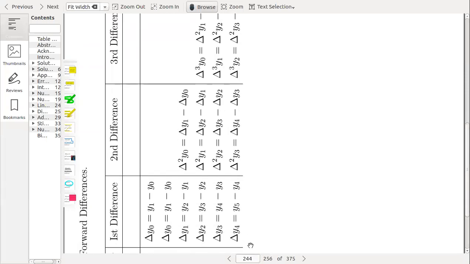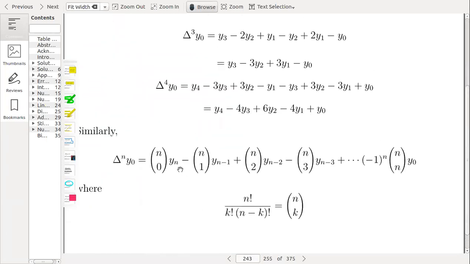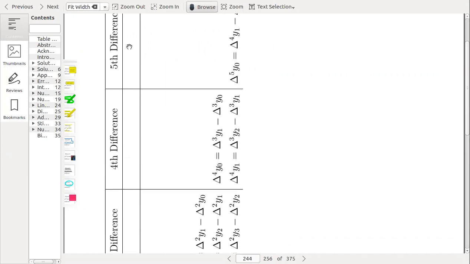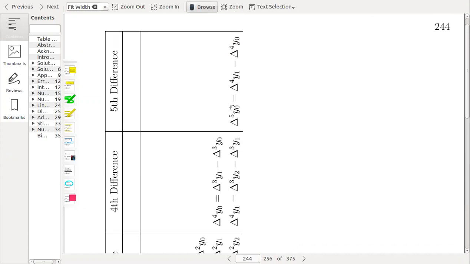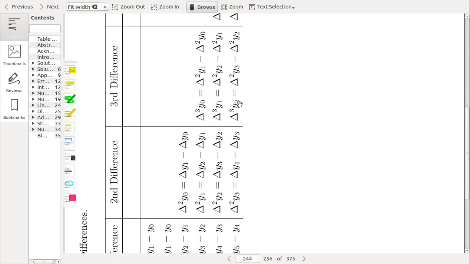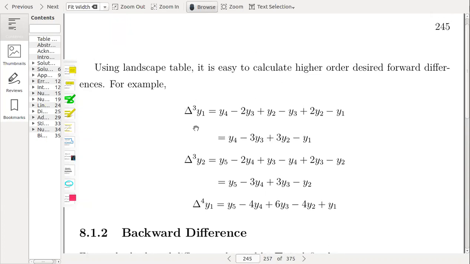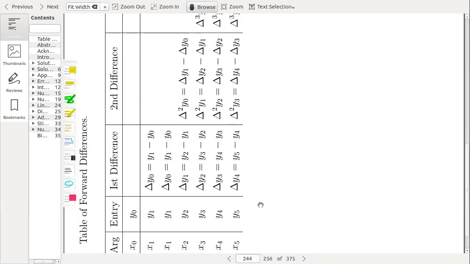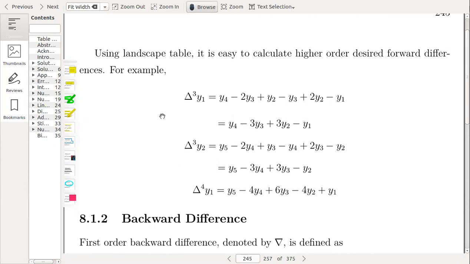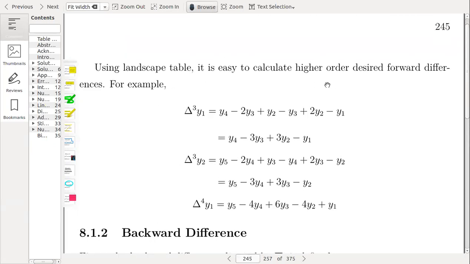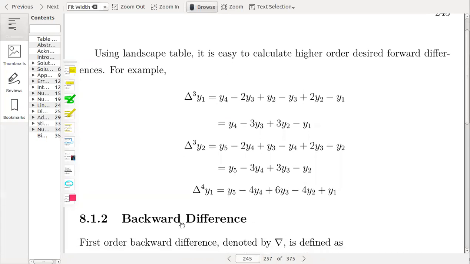So using this table, we can write even the fifth difference, delta 5. So delta 5 y naught is equal to delta square y1. With the help of this table, we can write delta cube y1, delta 4 y1. So using this table, it is easy to calculate higher order forward differences, for example, delta cube y1, delta 4 y1.